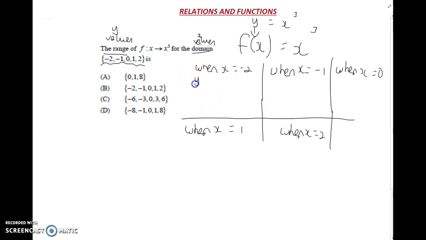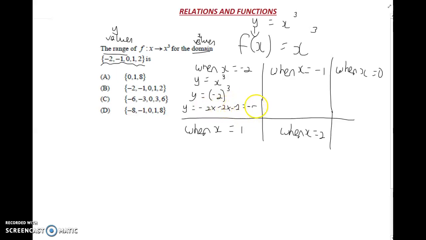So now let's go ahead. Y equals x cubed. Let's substitute when x is negative 2. So negative 2 to the power 3, which is negative 2 by negative 2 by negative 2. A negative by a negative is a positive, and a positive by a negative will give me back a negative.